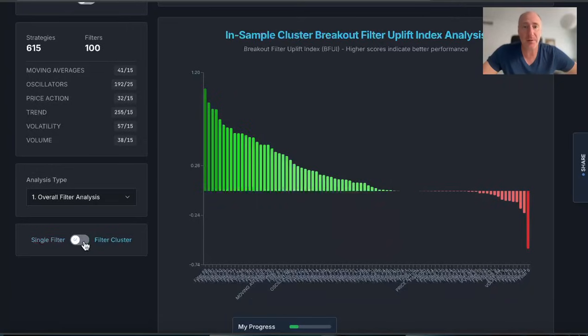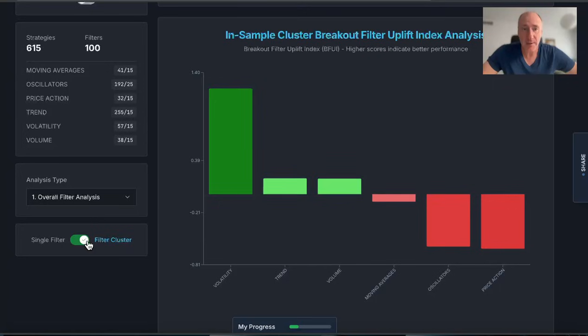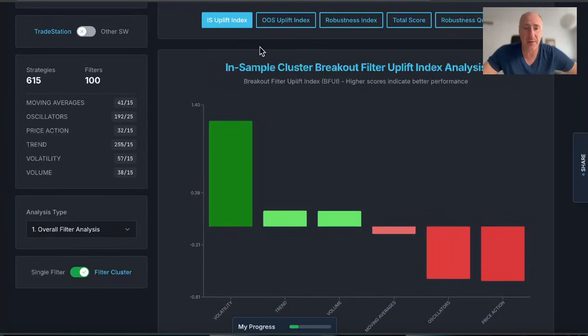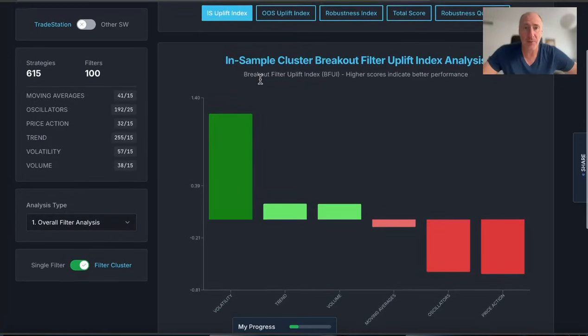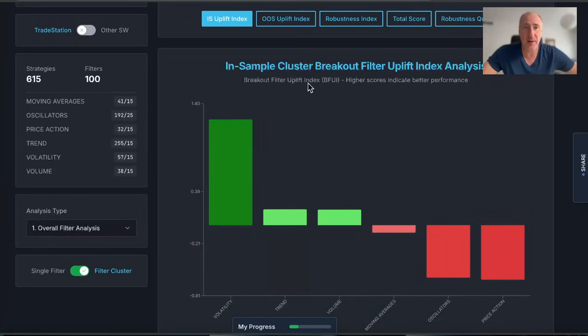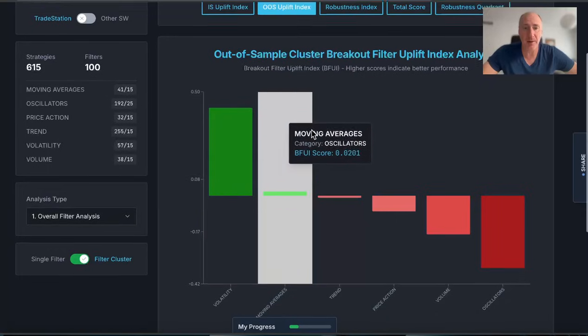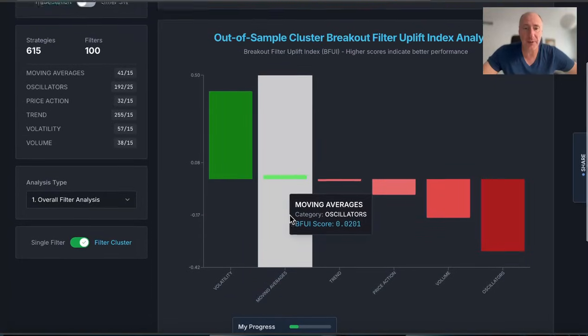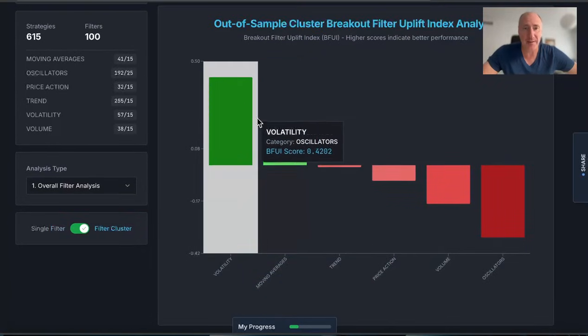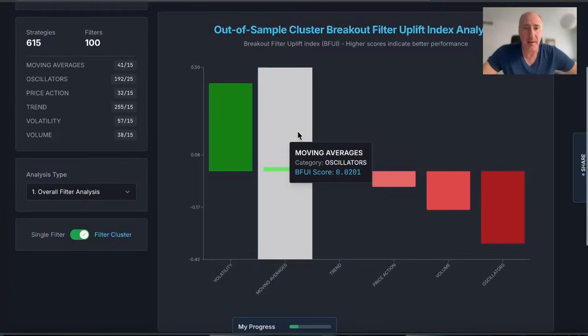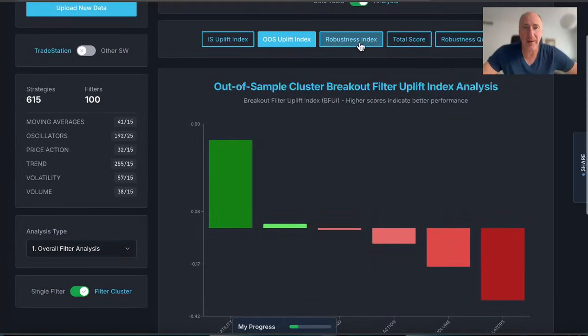So in the previous video, we went through these filter clusters, when we saw that volatility works very well in sample, volatility works very well out of sample, and then the second best category of filters in our out of sample were moving averages.